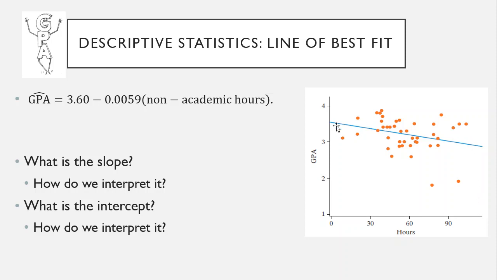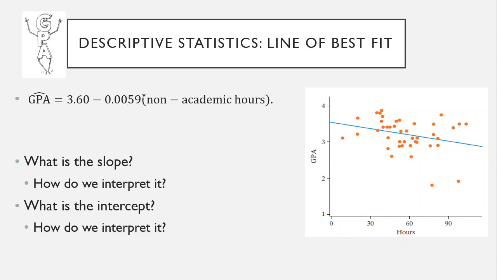It's not an incredibly strong fit, and we really shouldn't expect it to be that strong of an association because, frankly, if you said, well, I spend 42 hours a week on non-academic activities, I shouldn't be able to predict your GPA, right? It might tell me something about your GPA, but it shouldn't be able to predict it perfectly. But that doesn't mean that there's no association. So we do have a slope that isn't 0. It's not very far from 0, but it could be statistically significant.